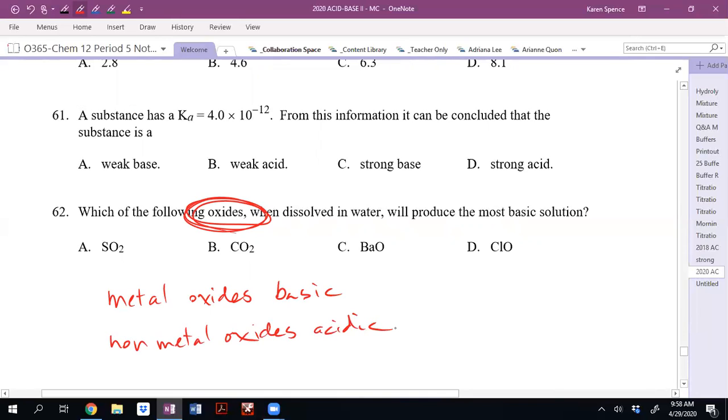So non-metal oxide, non-metal oxide, non-metal oxide, those are all acidic. There's our metal oxide, that is our one that is basic.